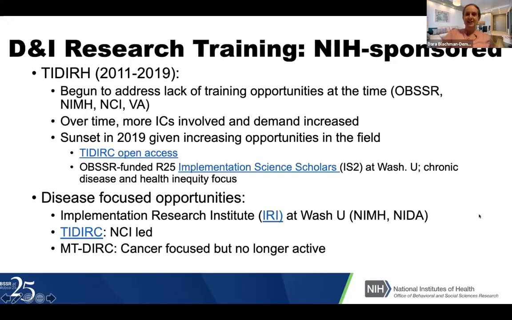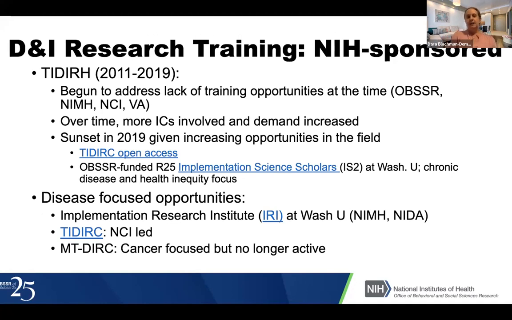So I'm going to switch gears again and talk a little bit about training, starting off with NIH-sponsored training. Back in 2011, OBSSR, NIH, and NCI, in partnership with the VA, started the Training Institute for Dissemination and Implementation Research in Health.